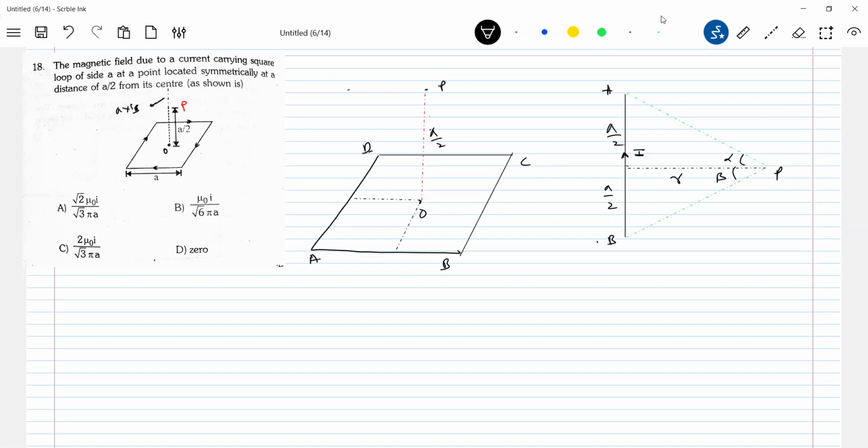So I'll introduce one point Q, so that will be inclined here, no? This is what actually R. So you'll get one triangle here: Q, O, this is P. This is A by 2, and this is R.